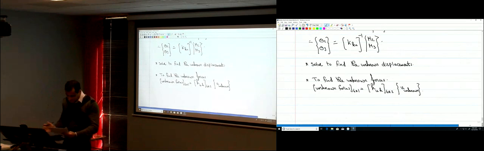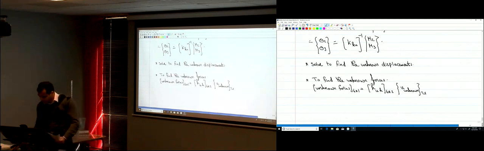You know the displacements, you solved for those now. This is found in the previous step.